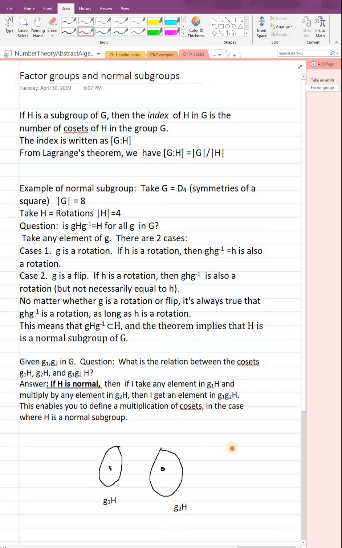I should have made the cosets different colors. So this coset here is G1 G2 H.